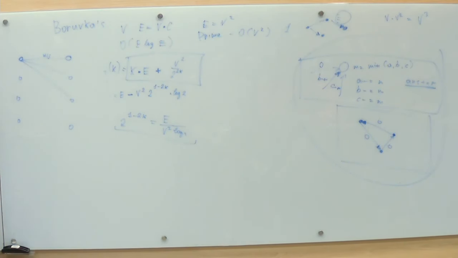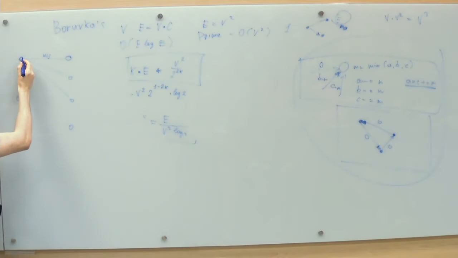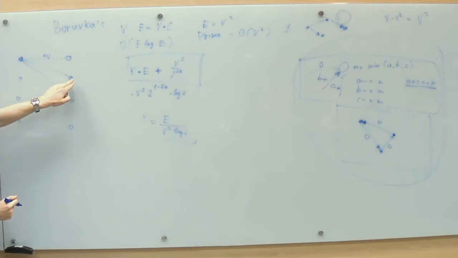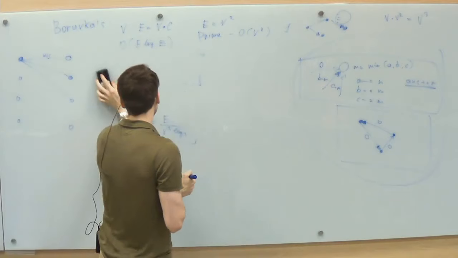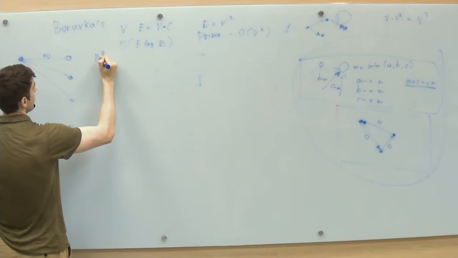And our goal is to find the perfect matching with the smallest total cost. In other words, we want to find a permutation. So, for each vertex in the first part, pick exactly one vertex from the second part, and for each vertex in the second part, there should be exactly one corresponding vertex in the first part. The Hungarian algorithm provides us a solution for this problem in n-cube asymptotics.